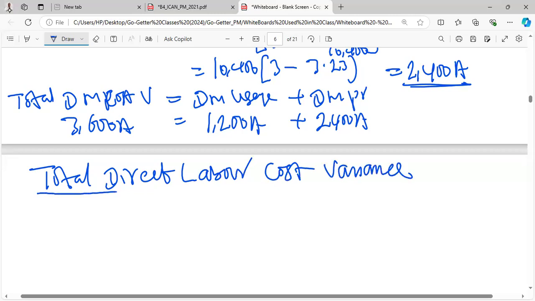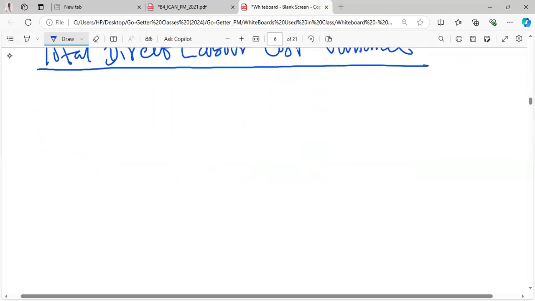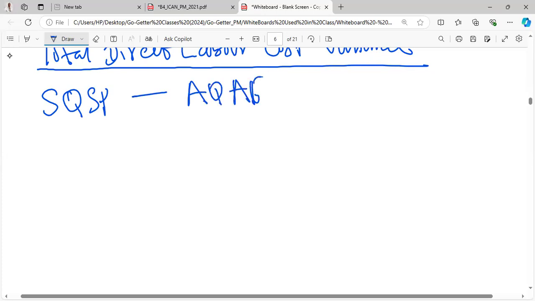So this is the total. We are going to be converting. That's why I say when you know one, you know the second one. We know standard quantity, standard price, minus actual quantity, actual price.